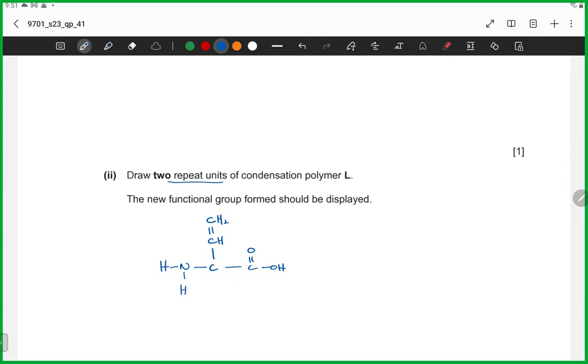Now he's asking for two repeat units, so I have to draw another one. The OH and H condensation would happen, so the water molecule is going to be formed. The monomer residues will join up, this is also continuing on the left side, and they will form a peptide or an amide linkage over here.